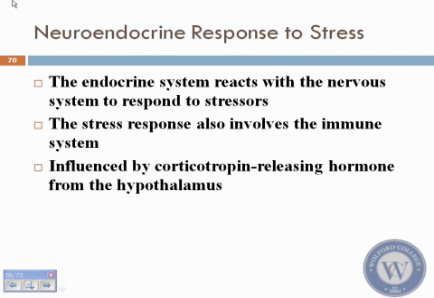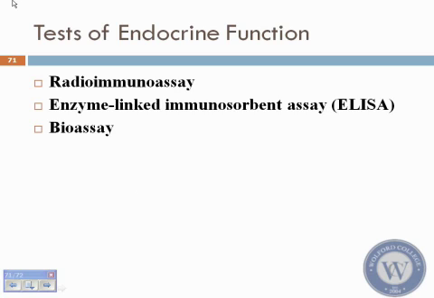The neuroendocrine response to stress: the endocrine system reacts to the nervous system in response to stressors. The stress response also involves the immune system, which is why cortisol is so important. It's influenced by the corticotropin-releasing hormone from the hypothalamus. I'm not going to go into all this detail because I think this is above your level and it's not something you'll be using every day, so don't expect any test questions on this.